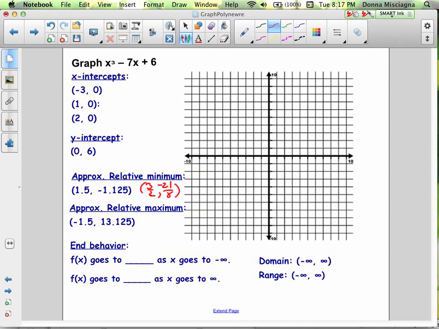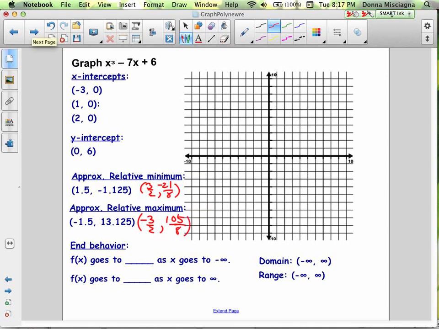And then we had a relative maximum. This was negative 3/2, and it was, well, that's a lot easier to graph, 13.125, but it was 105/8. Right, there it is as a fraction.